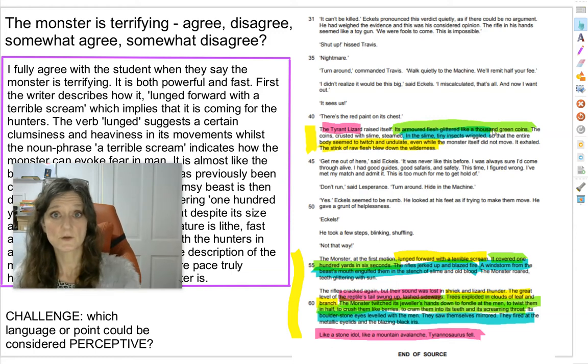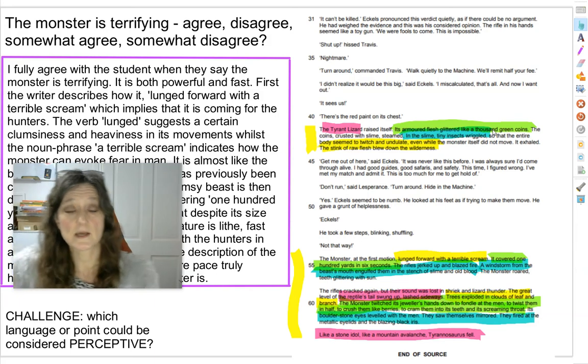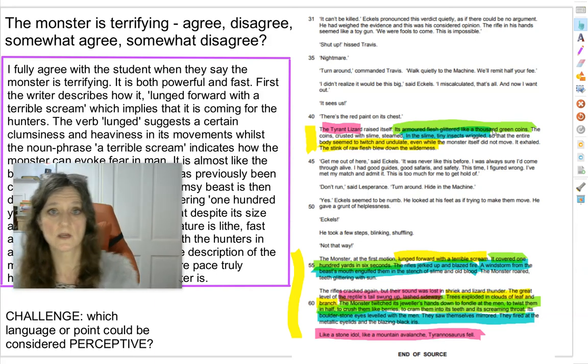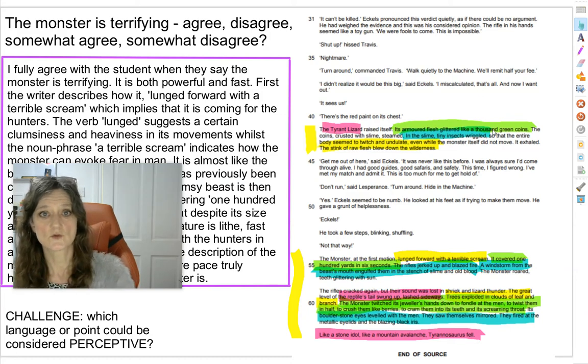In this little bit here, in the slime, tiny insects wriggled. And this is the one I thought you could make a really, really perceptive and deep point on if you develop your idea. This idea that the monster is like a ruler or even god-like from earlier in the text, so developing that theme, it's almost as if this monster's body supports a whole ecosystem in which these tiny insects can live.